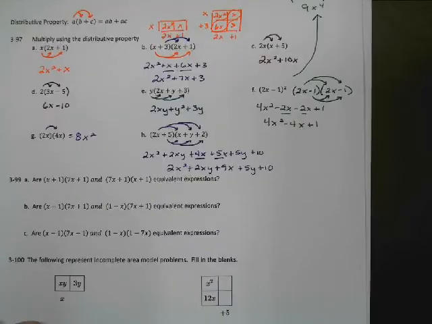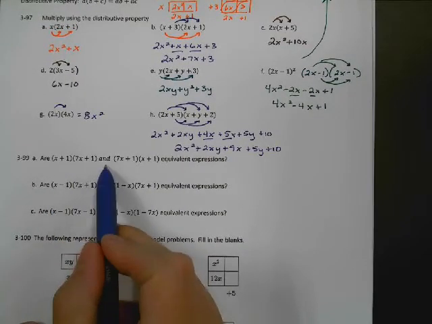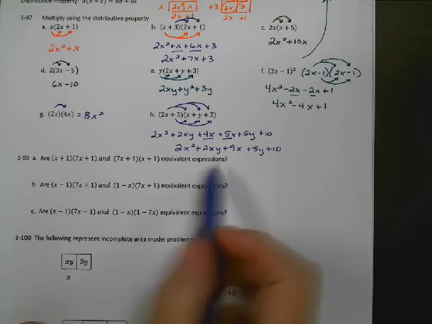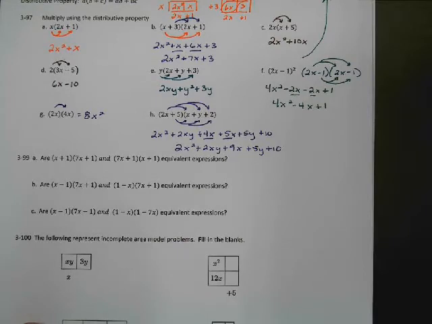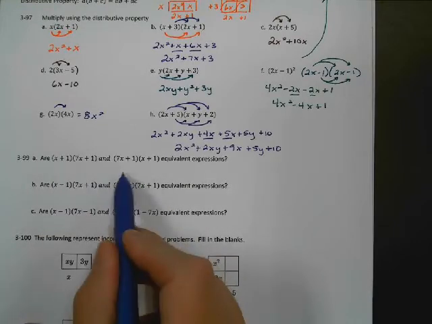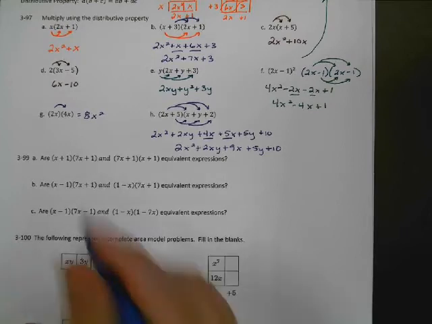All right, next one, 3-99. Are (x plus 1)(7x plus 1) and (7x plus 1)(x plus 1) equivalent expressions? So would those be exactly the same? So here's what they've done: they have taken the x plus 1 and switched the order. Now, does it matter what order we multiply in? Well, let's think about this.